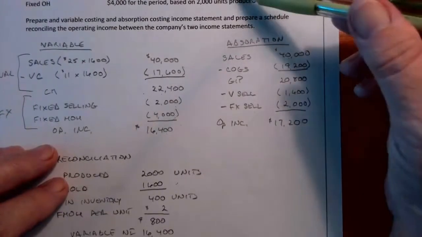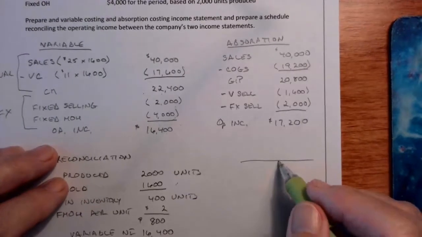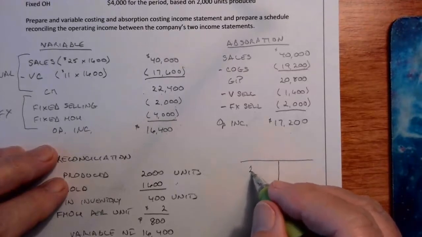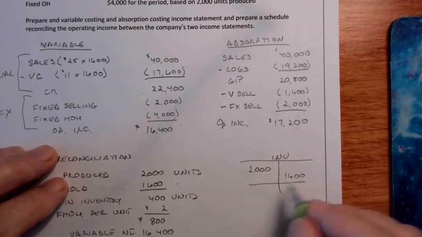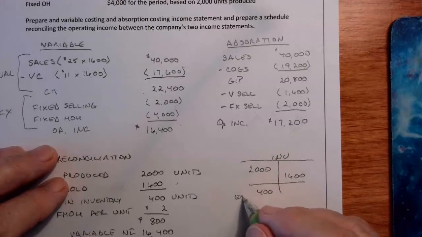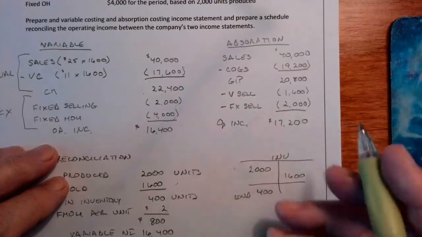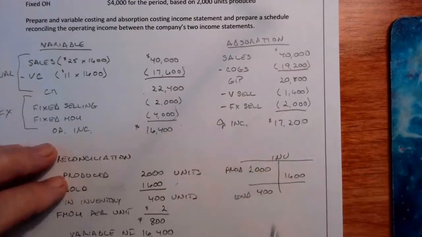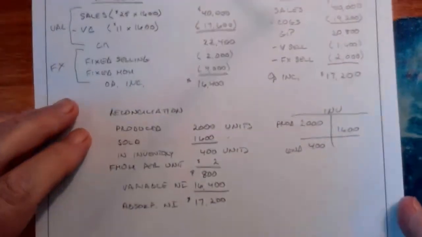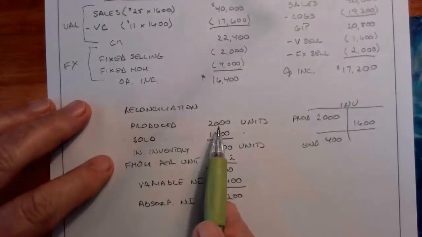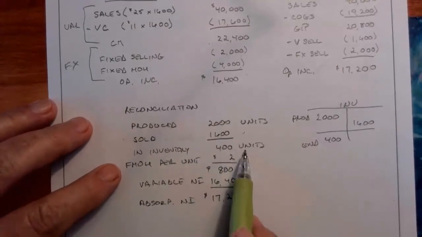Okay, we produced 2,000 and we sold 1,600. So if we did a quick T account here, we produced 2,000 and 1,600 are sold. This is inventory, so I've got 400 in ending inventory. It's the first year of operation, so we don't have any beginning inventory to worry about. Now let's take a look at the reconciliation, which you need to be able to do. We produced 2,000, we sold 1,600, so we've got 400 units in inventory.